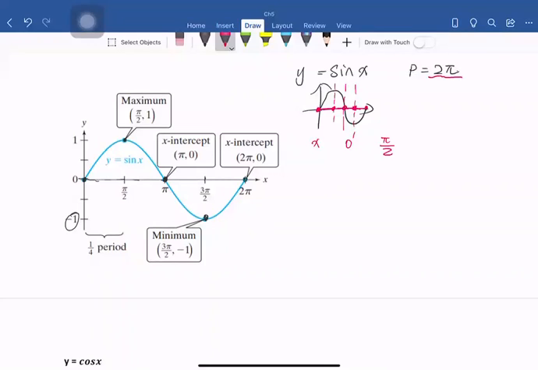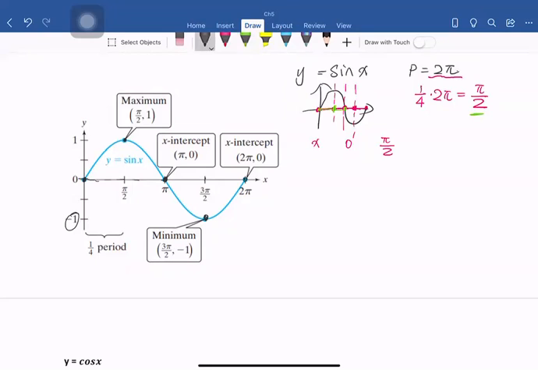That means I use 1/4 times 2 pi, and I get pi over 2. From the starting point here, I add pi over 2 and I get here, and from this point I add another pi over 2 and I get here.